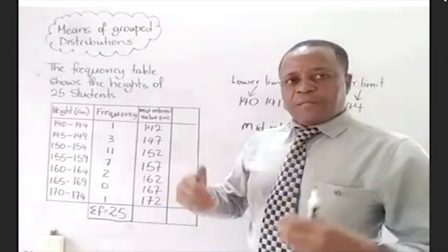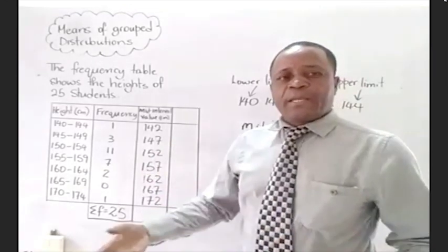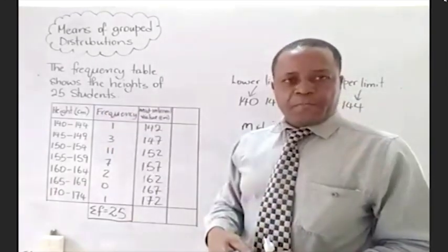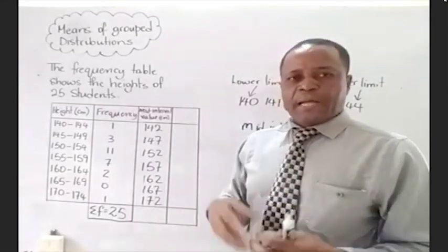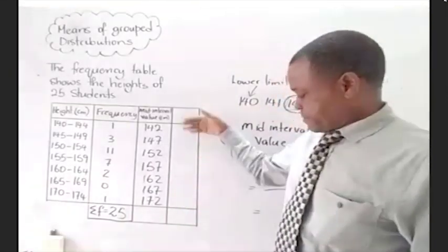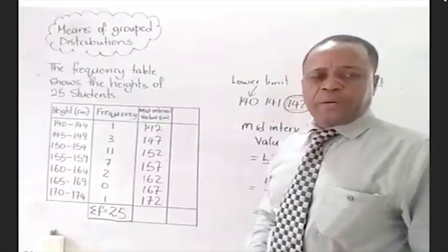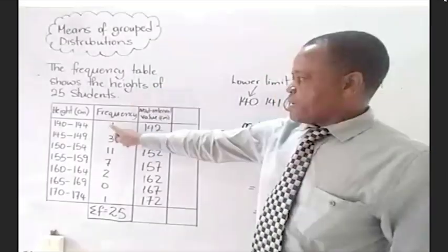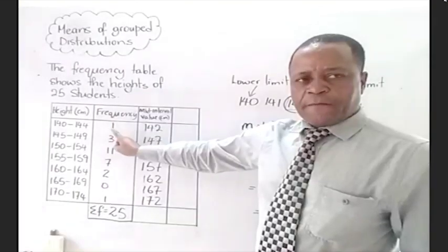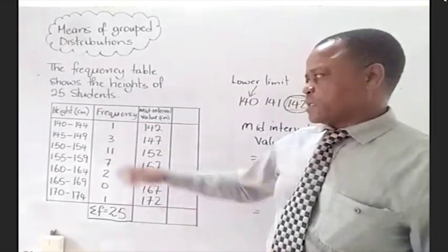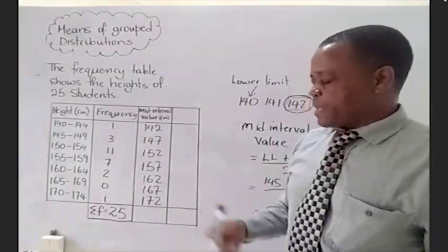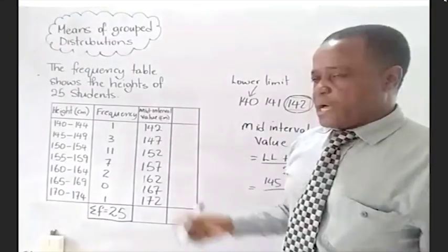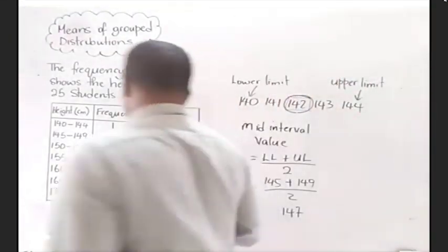Then we added them all up and got our fx, and then we did our division. In this case, we're using the mid-interval to multiply our frequency. So let's go and do our calculation here.